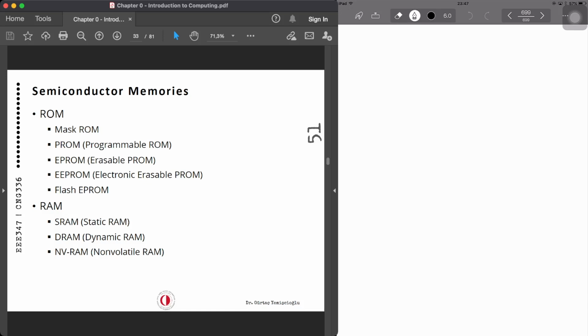So, for example, a memory chip contains 2 to the power x locations, where x is the number of address pins. Now, let's say each location contains y bits.